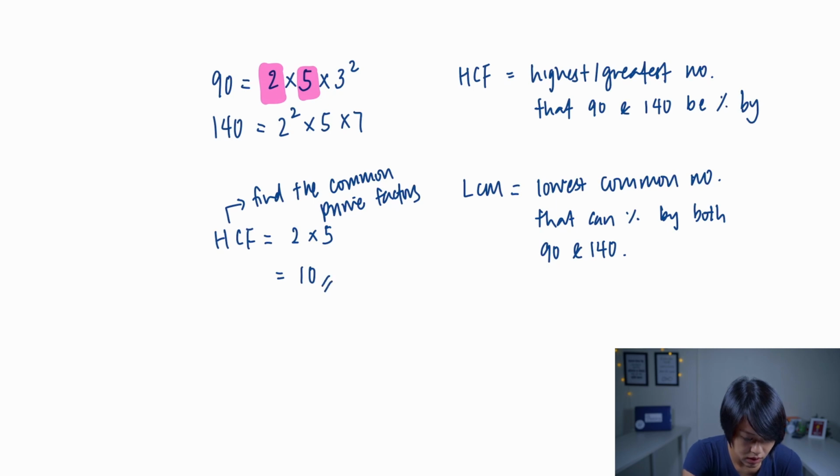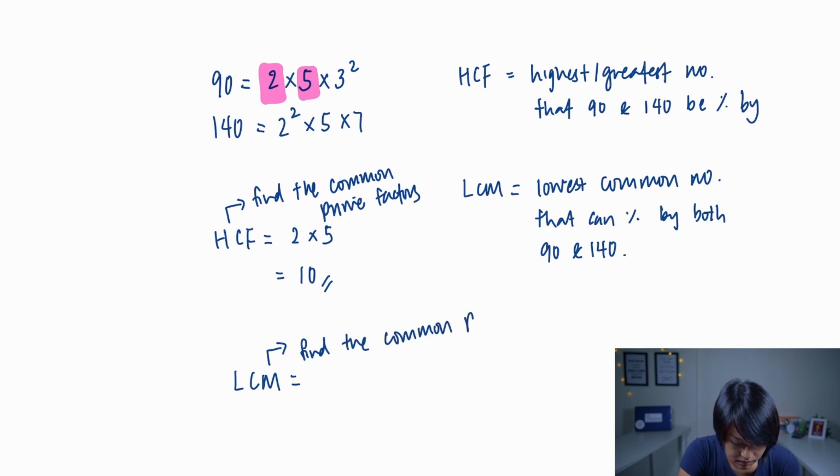Now we're going to do lowest common multiple. It's roughly the same as highest common factor, except that you have to add a little bit more. To find LCM, you need to find the common prime factors, multiplied by the remaining prime factors.